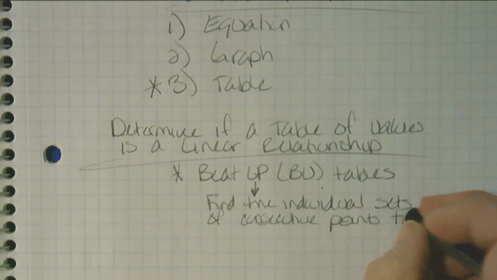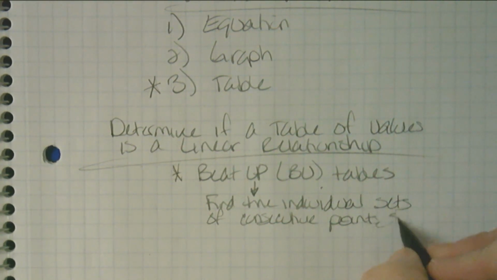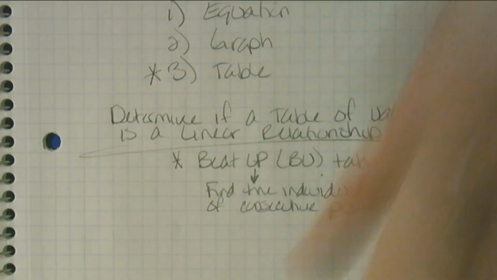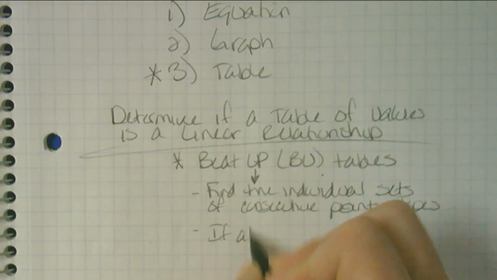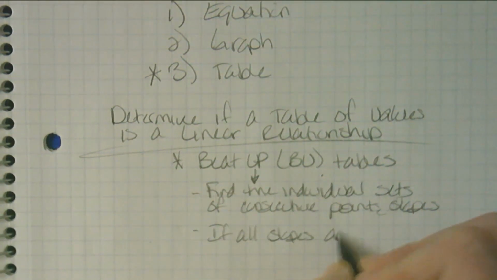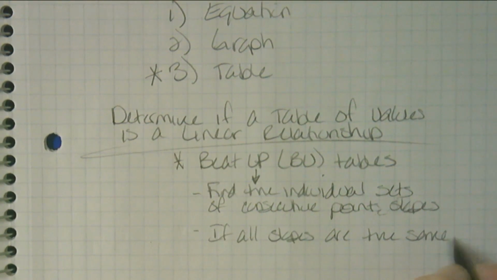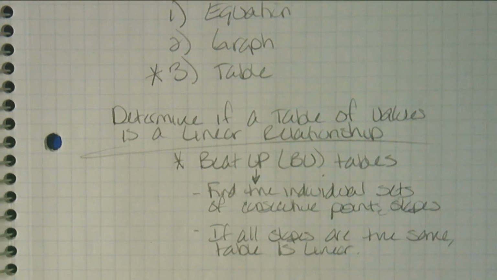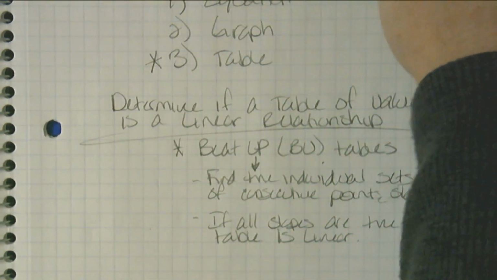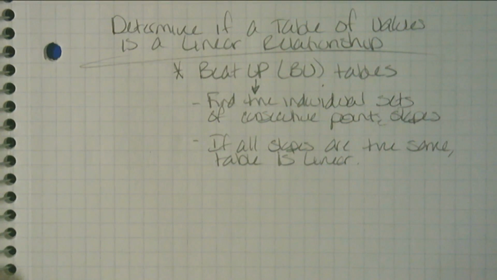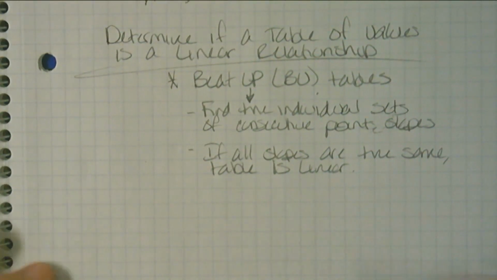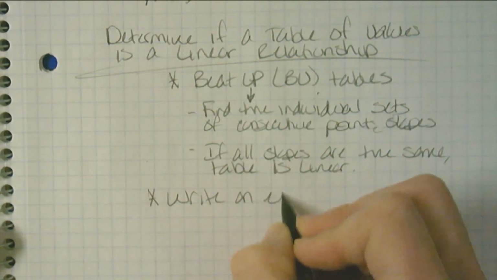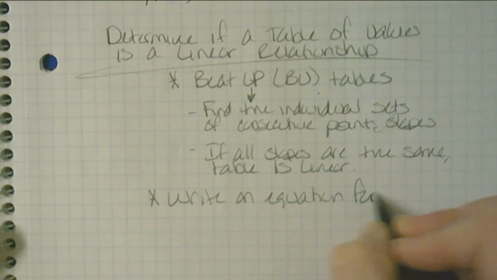Find the slopes. If all slopes are the same, the table is linear. Now, what we haven't done in the past is write equations from them. So we're then going to write an equation for the table.